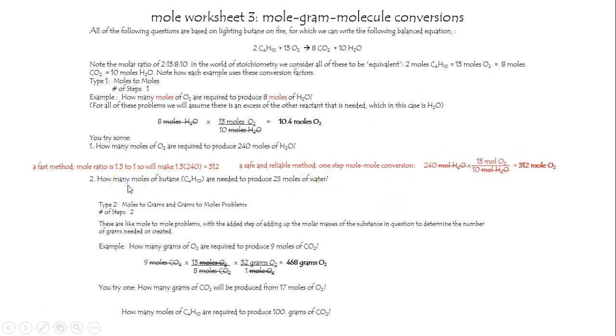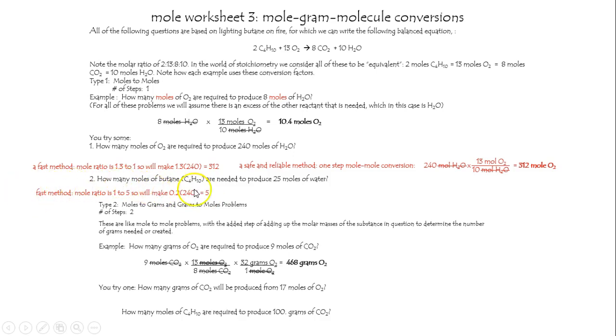Another problem. How many moles of butane are needed to produce 25 moles of water? That's what you're given. That's what you start with. That's where you're going, equals blank moles of butane. Since it is moles to moles, that's a one-stepper. You could try it in your head, recognizing that the ratio is 1 to 5, and the answer is 5.